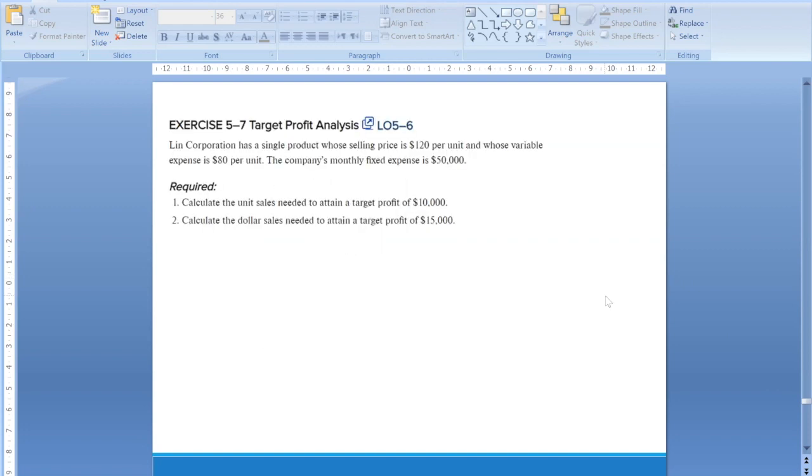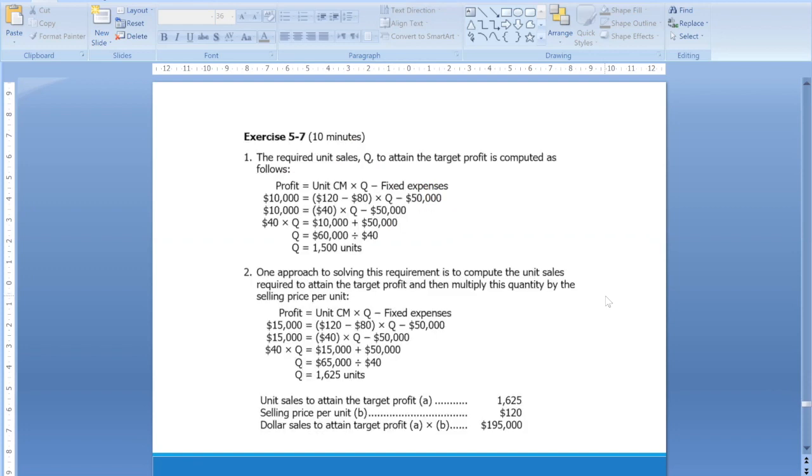So calculate the unit sales needed to attain a target profit of $10,000. We can calculate it in two ways: the equation method or the formula method.